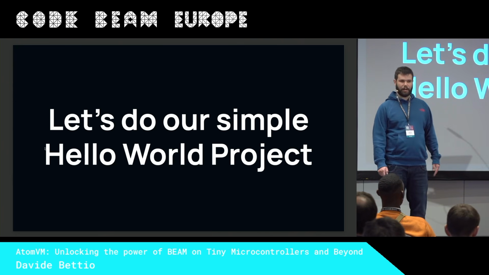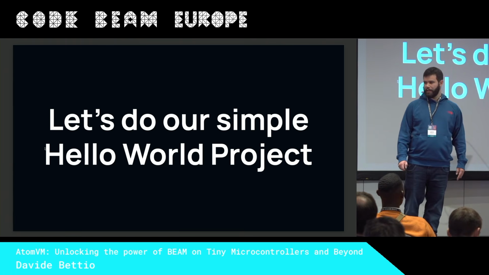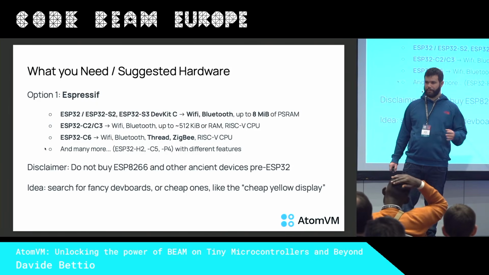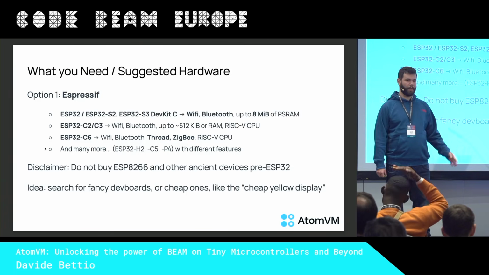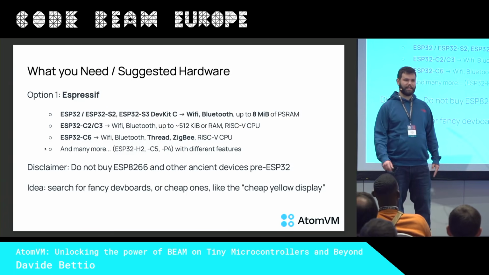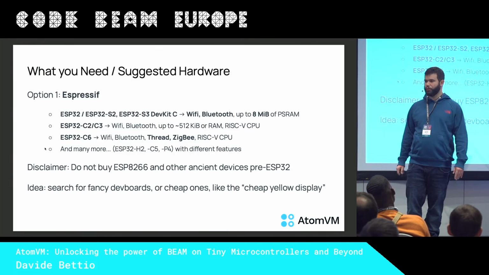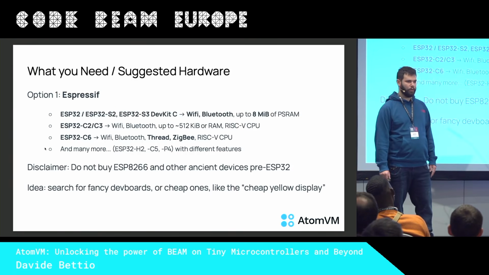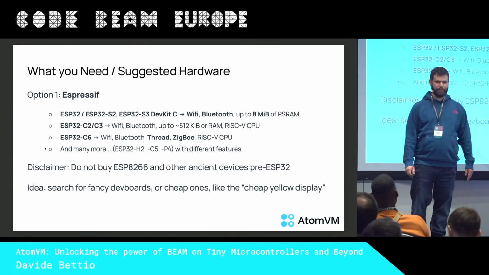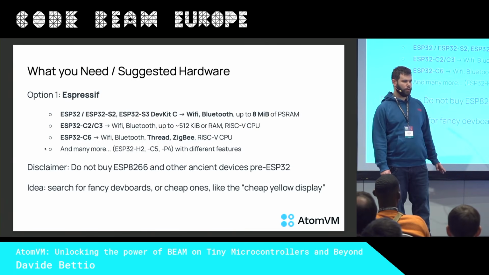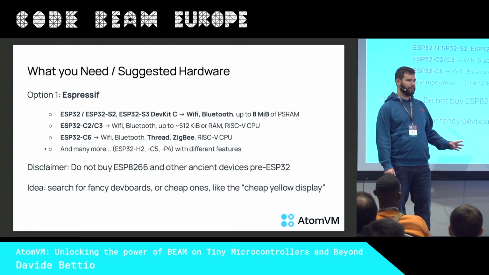We can start with a usual Hello World. Before starting, you actually need to buy some hardware. There are several different options, and I'm going to tell you about two well-supported ones now. The first one is Espressif. Espressif makes very cheap development hardware that you can buy in different flavors.